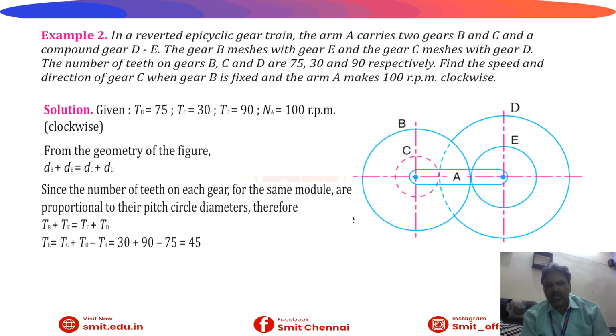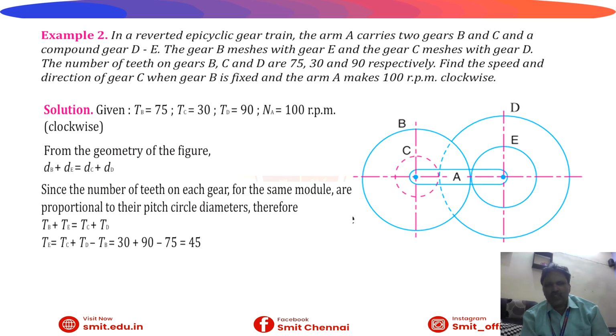From the geometry we can take dB plus dE, which is equal to dC plus dD. So the dimension dB plus dE will give the dimension dC plus dD.